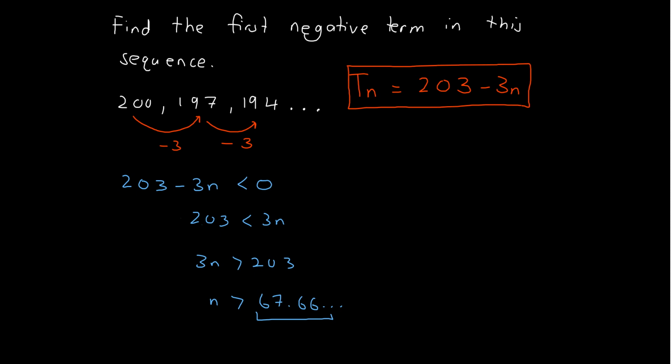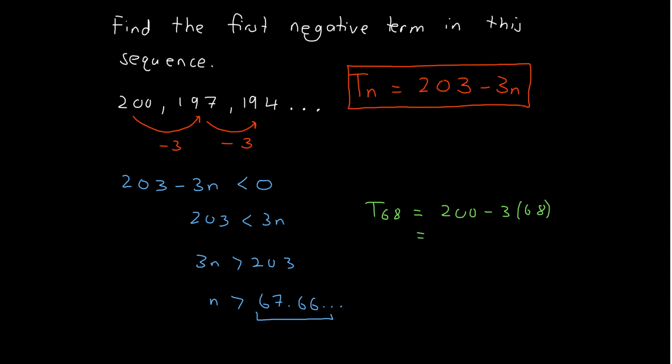And let's actually work it out. Let's work out what t of 68 is, and I'm going to have 200 minus 3 by 68, and I'm really hoping this is the first negative term.